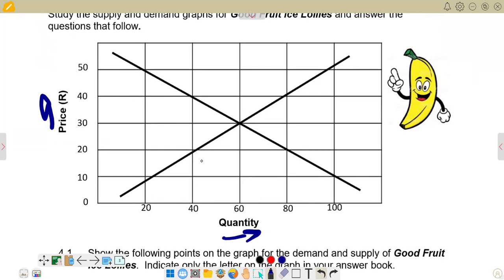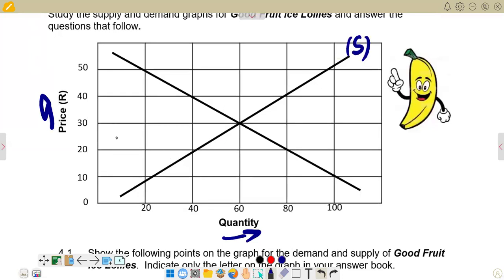So the curve illustrating that positive relationship between price and quantity is the positively sloped curve here. So this is our supply curve.